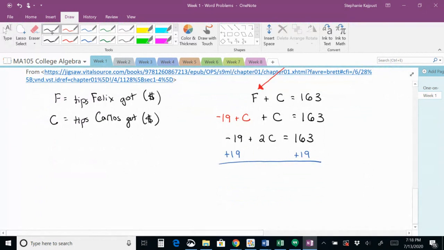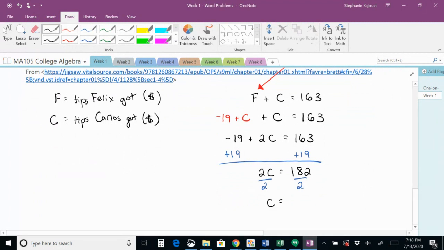So that leaves me with 2c equals, and then 163 plus 19 is 182. So I have 2 times c equals 182. And I need to divide by 2 in order to get c.